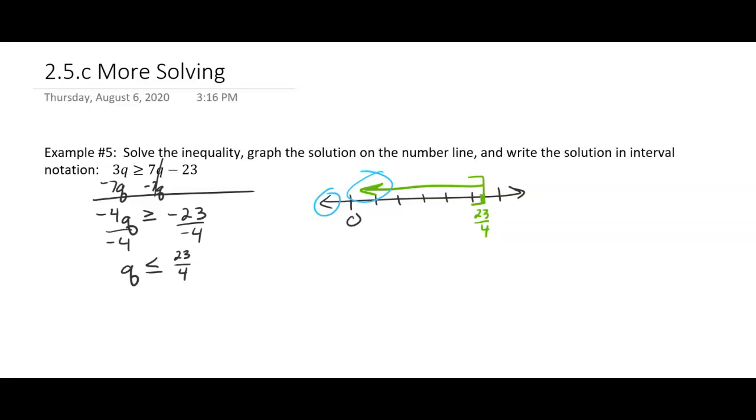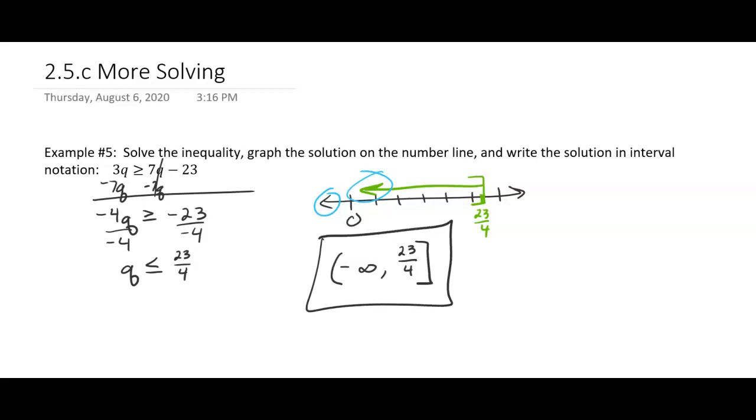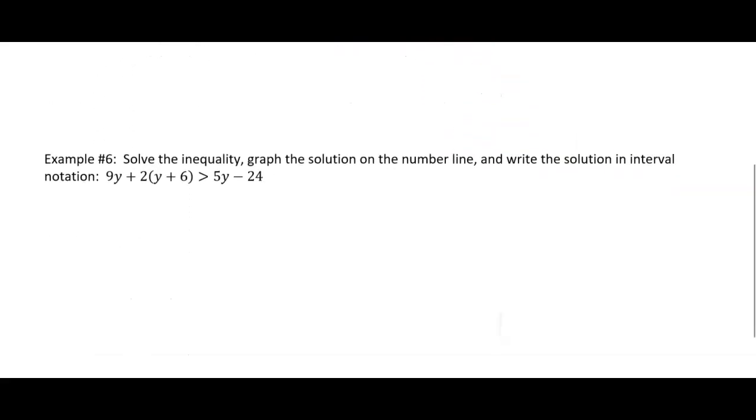Okay, so interval notation: parenthesis, we start from the smallest, so negative infinity up to 23/4 and a square bracket on the 23/4. Now, why did we start with a parenthesis? Because negative infinity is always going to get a parenthesis. Okay, that's the interval notation, and that's that one.